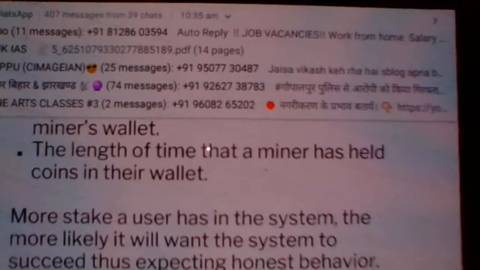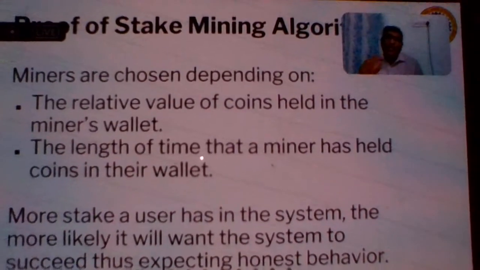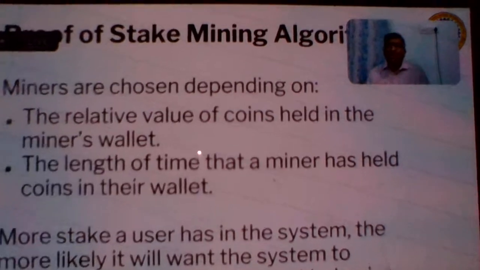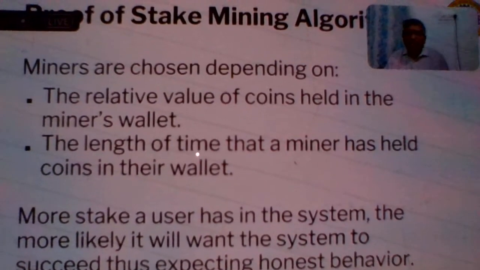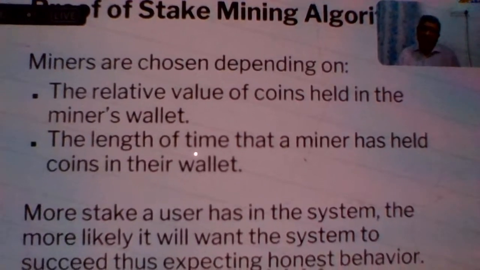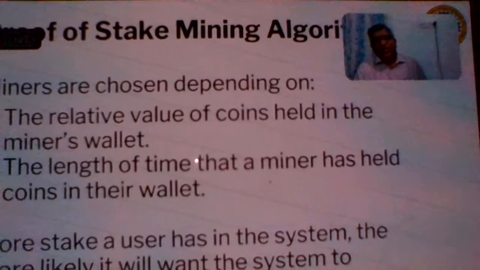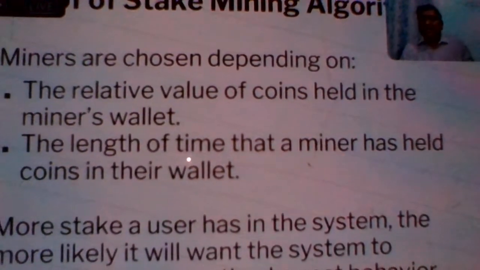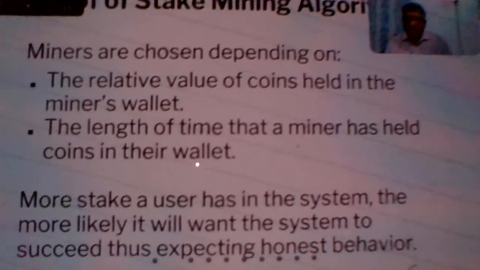Proof of stake is how many coins, how much of the cryptocurrency you have, or for how long you have kept the cryptocurrency, how interested you are in the blockchain being successful, right? Then you will be given an advantage. So for people who don't have a stake, their mining algorithms will run slow. I don't know how they have done it, but that's how it is.